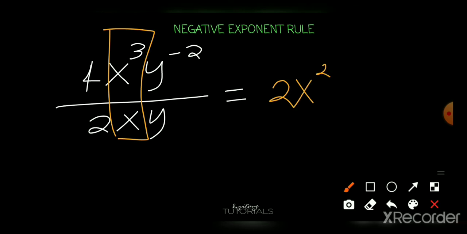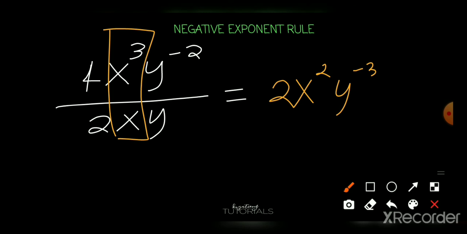Then y to the power of negative 2 over y. We subtract the exponents: negative 2 minus 1. Based on the subtraction rule, they add up, so it becomes y raised to the power of negative 3.